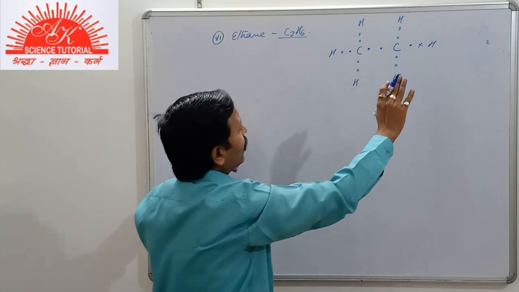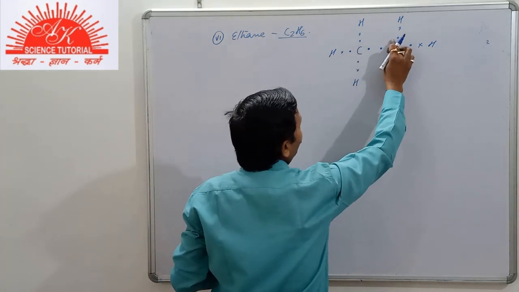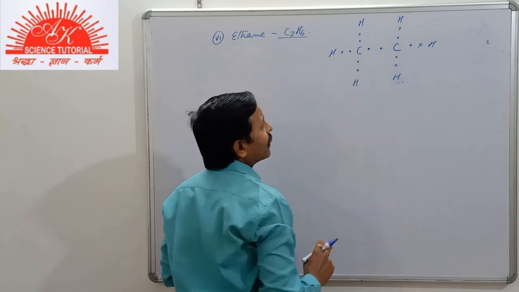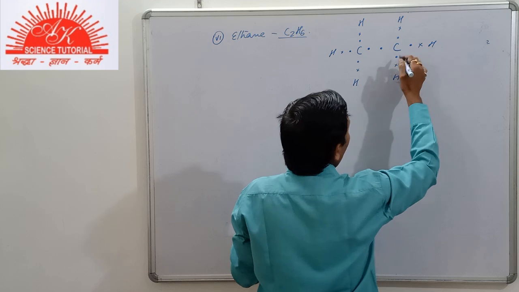So just as you have seen, the 4 electrons of each carbon atom have taken part in sharing either with another carbon atom or with a hydrogen atom.